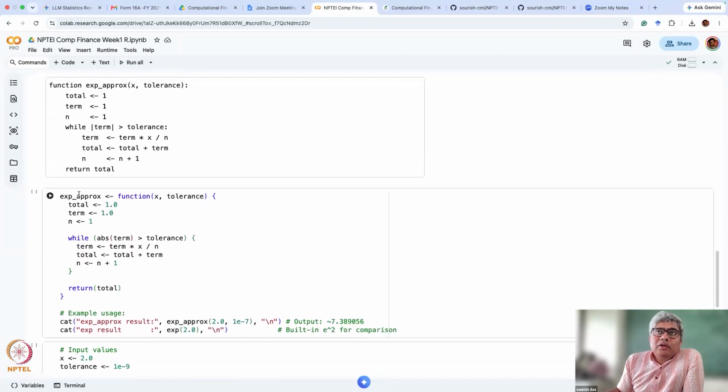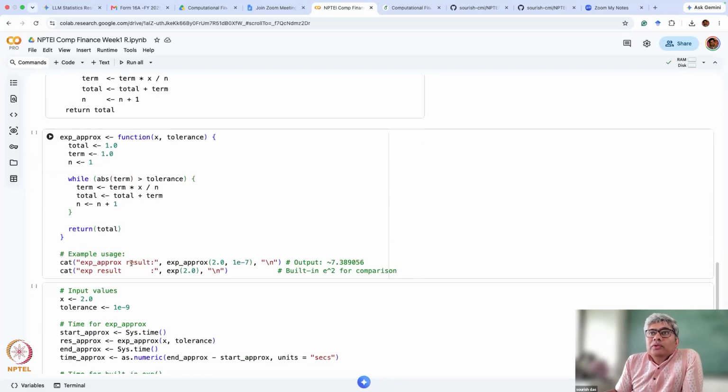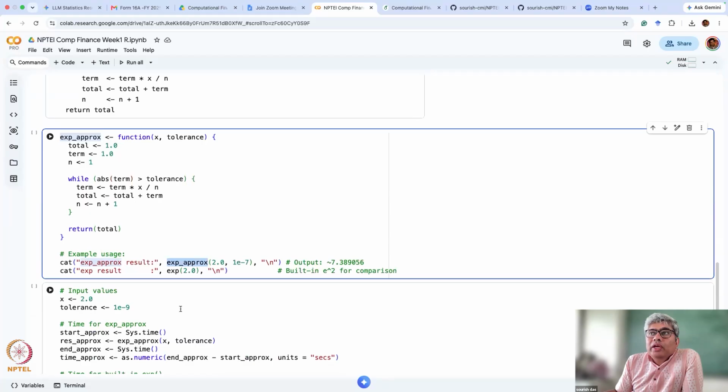This is exactly what we have written as the function here, with x and tolerance, then total, term and n. And then while the absolute value of term is greater than tolerance, this is exactly the way we have written it. So it is almost like the pseudo code. Then we call the exponential function.